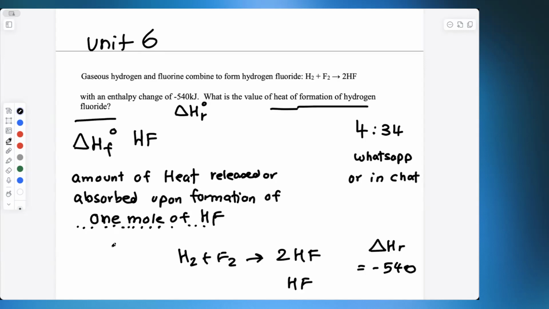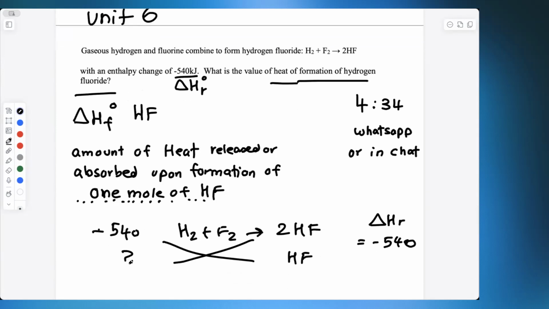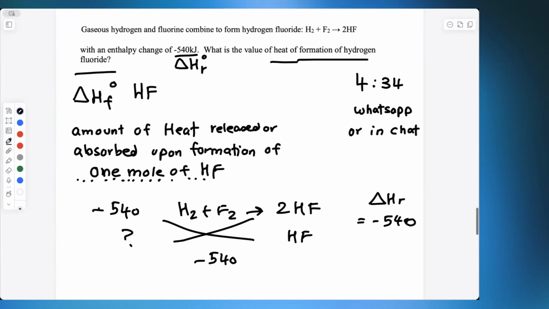Okay, simply: it is minus 540 kilojoules, sorry, he did not say per mole for sure. Then how much per 1 mole of HF? I will just make a cross multiplication, which means I will divide it by 2. So minus 540 divided by 2, you get minus 270 kilojoules per mole. Now I will say per mole.